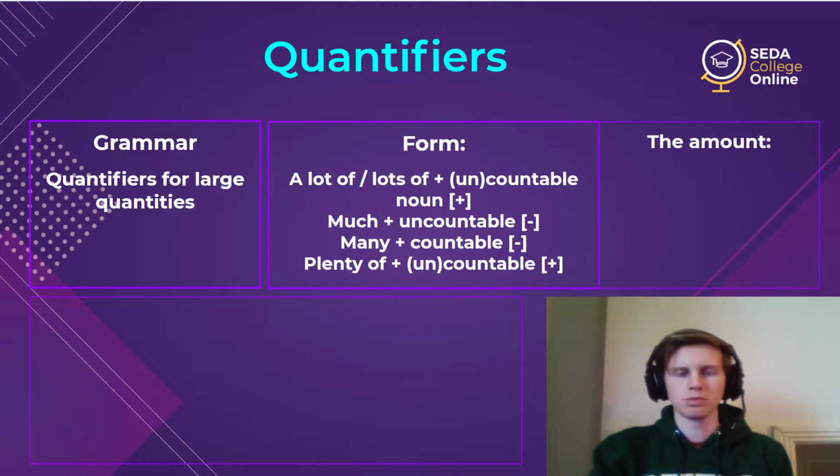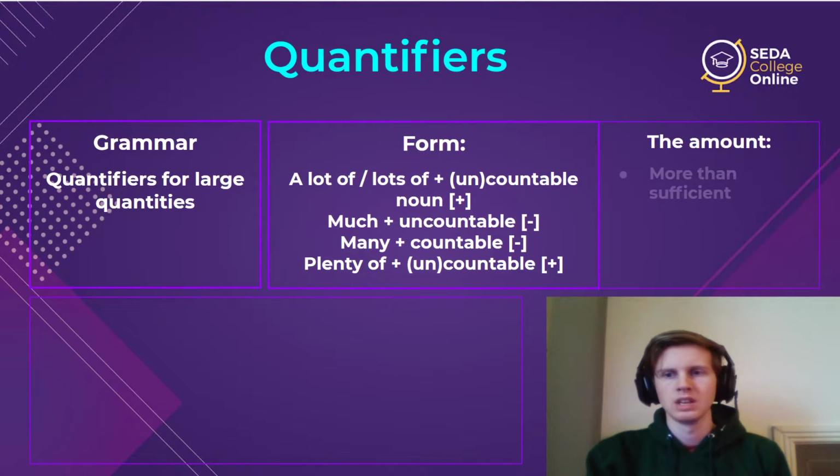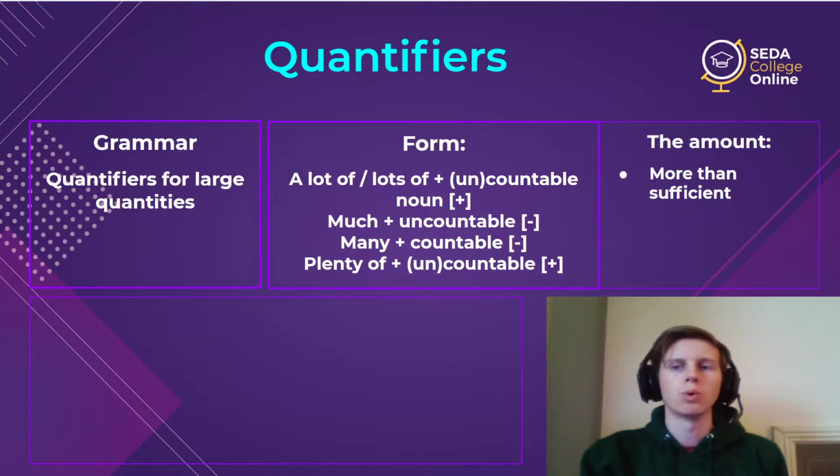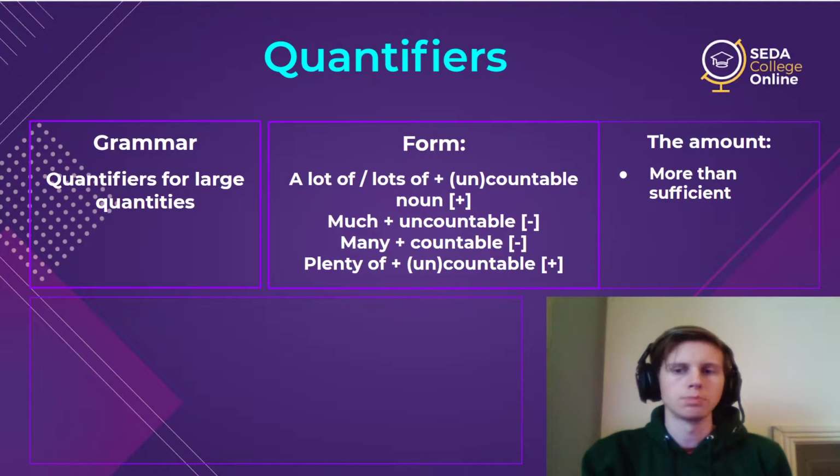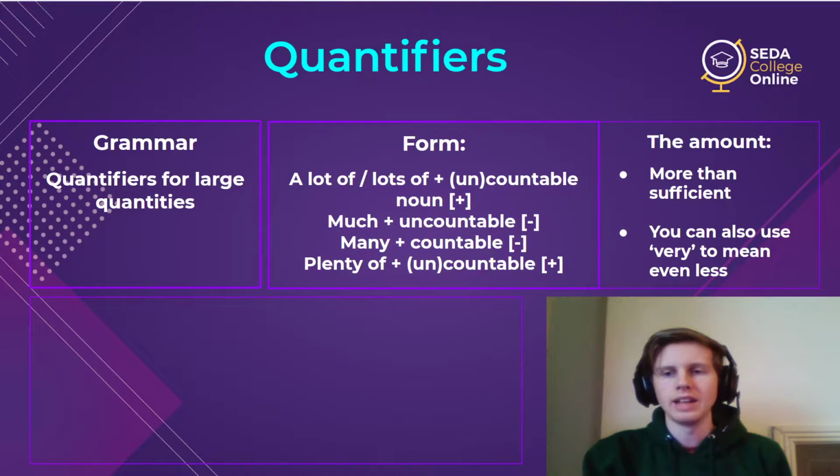So the amount, what is the idea for this? So the idea is more than sufficient. You have much more of this than you need, and so that's why we use a lot or many or plenty of.